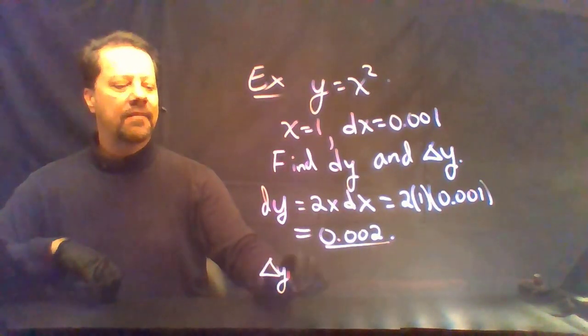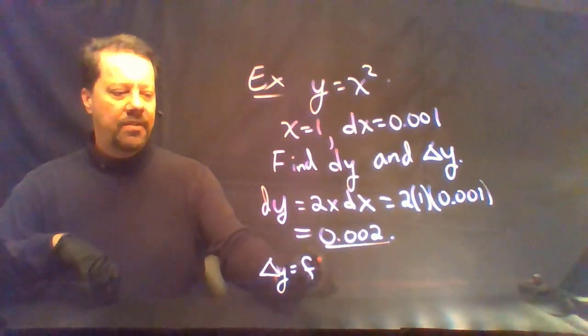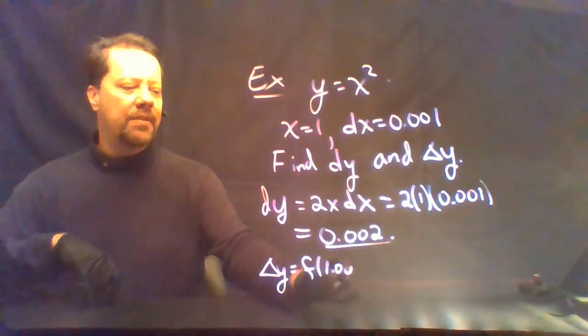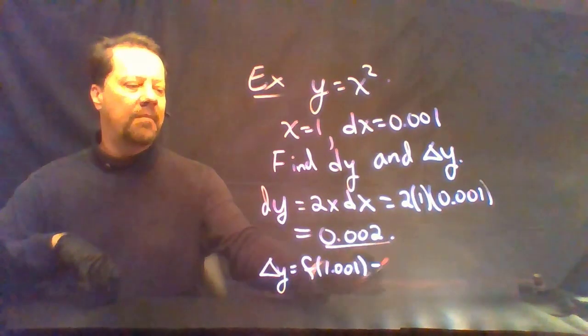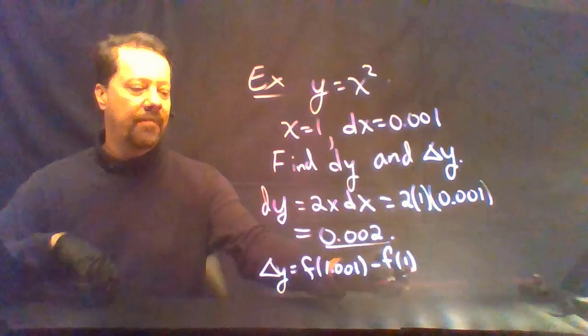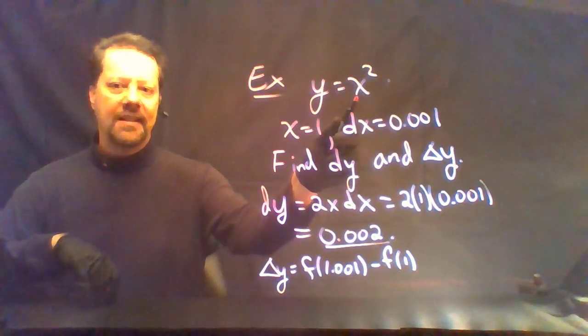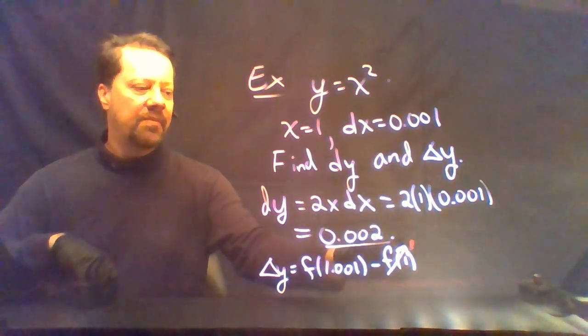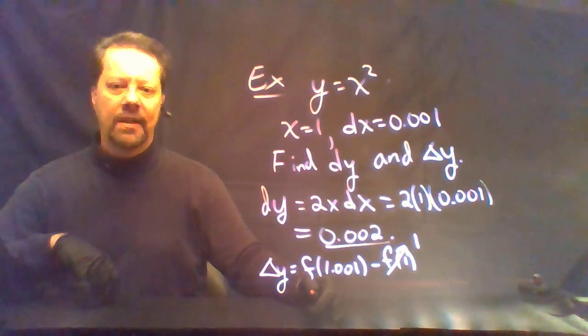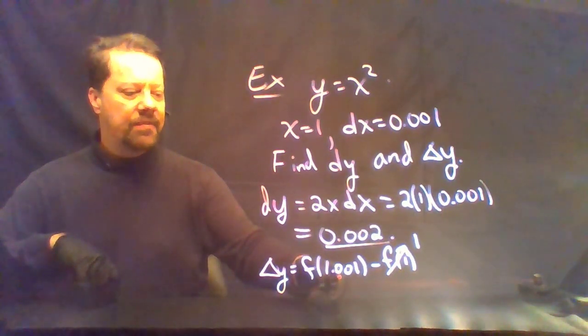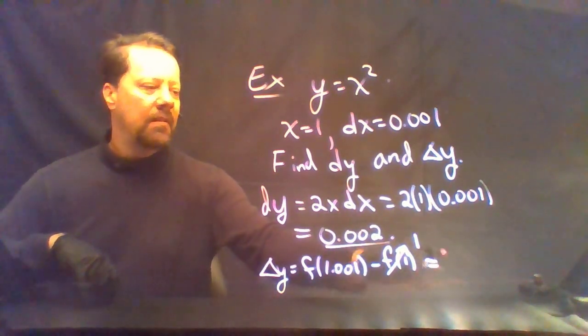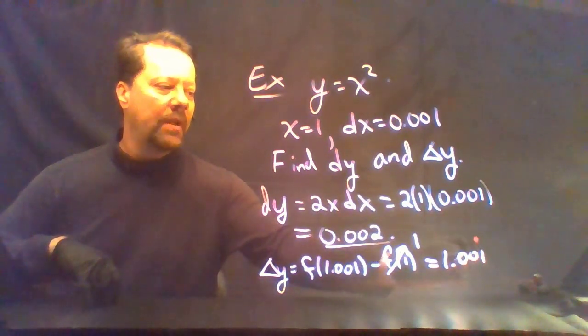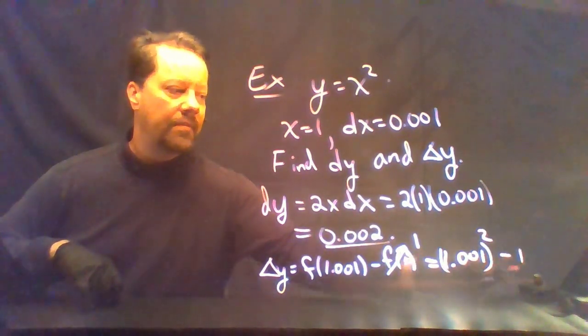Delta y should be f of 1.001 minus f of 1. Now this thing is squared, so this will just give us 1 squared, or 1. This first term, though, is 1.001 squared.